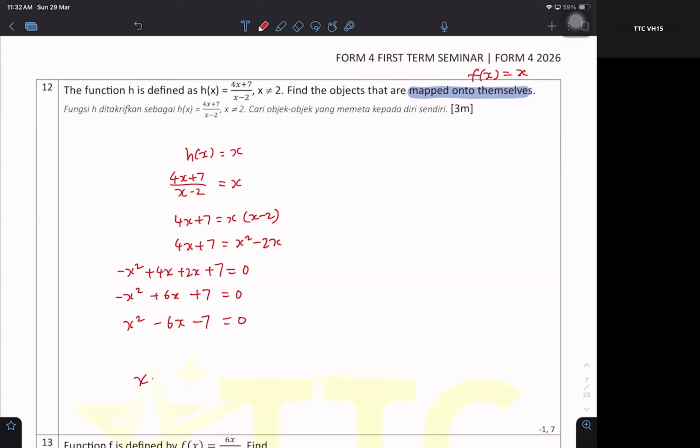You get x equals 7 and -1. Then you write the bracket lah. This one you know lah. Quadratic lah. Yes, quadratic.